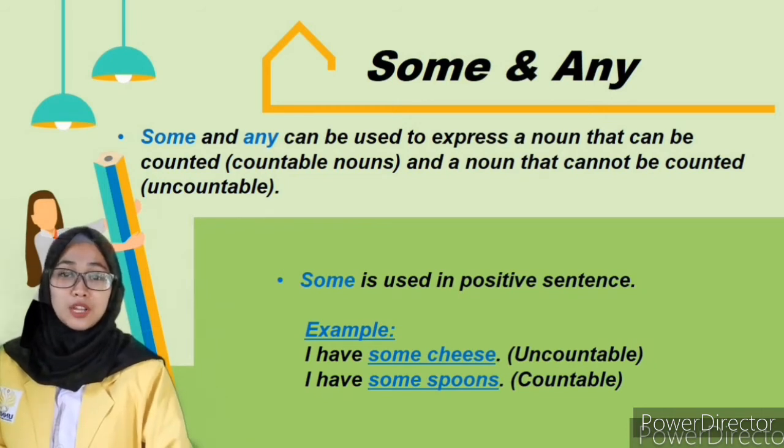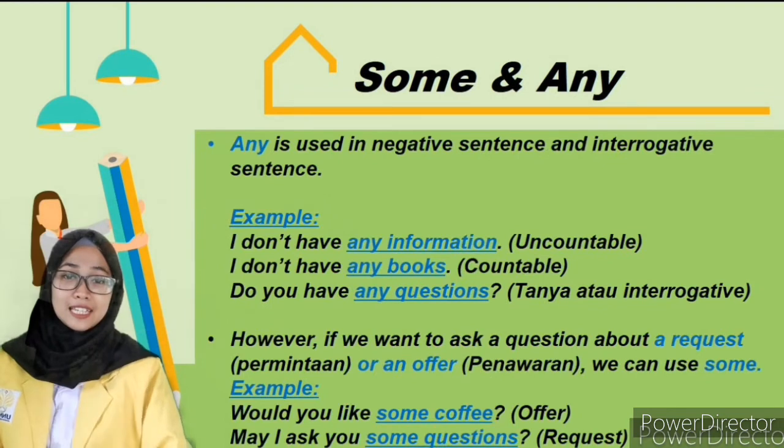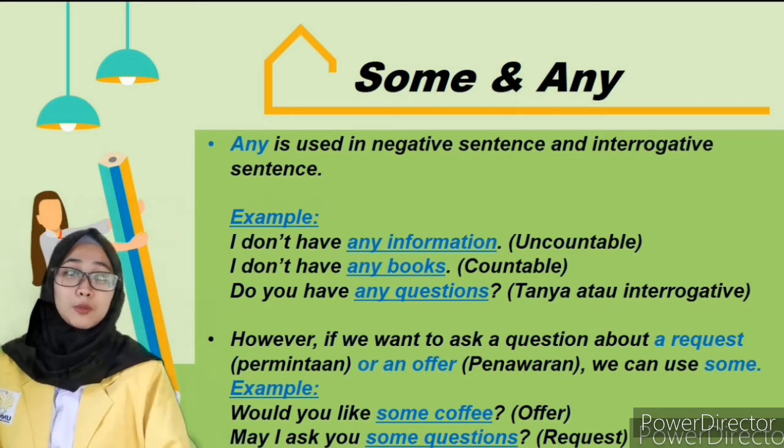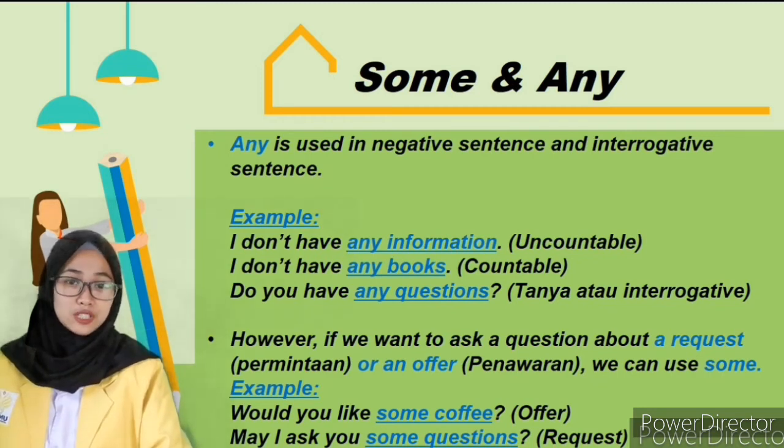And then the next one, there is any. Any is used for negative sentence and also interrogative sentence. For example, we can take a look at these examples. The first, we can see that I don't have any information. And this is uncountable noun. Information here is uncountable karena jumlahnya tidak bisa dihitung.